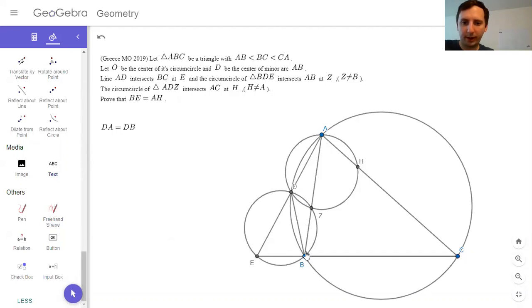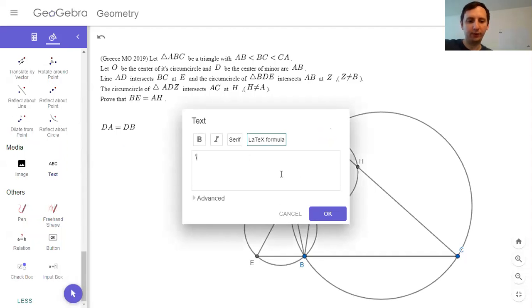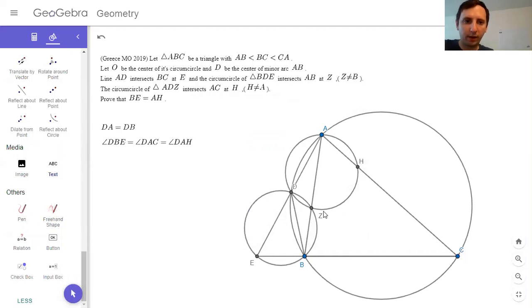And then also angle DBE is equal to angle DAC is equal to angle DAH. And then can we show one more angle equal? It probably shouldn't be too hard.